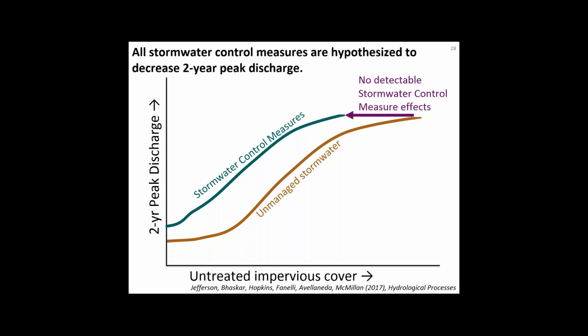But at first we might expect that the effect of those stormwater control measures might not be detectable immediately if only a small fraction of the impervious cover is being treated, and the overall watershed might not be detectable on a watershed scale looking at overall flow. And so at first we're moving backwards on the x-axis, but we're not changing the peak discharge.